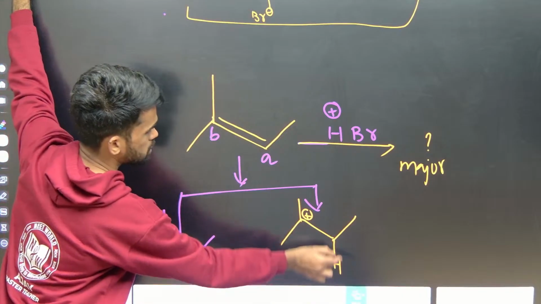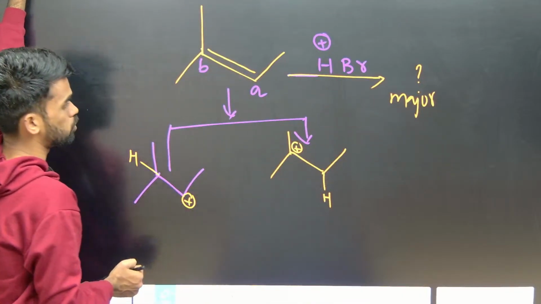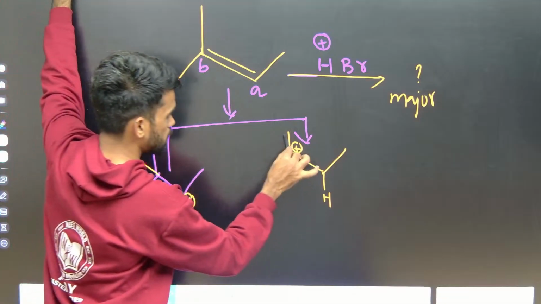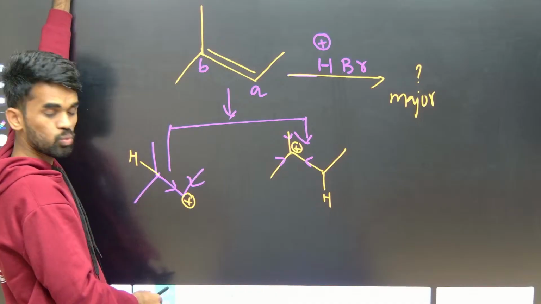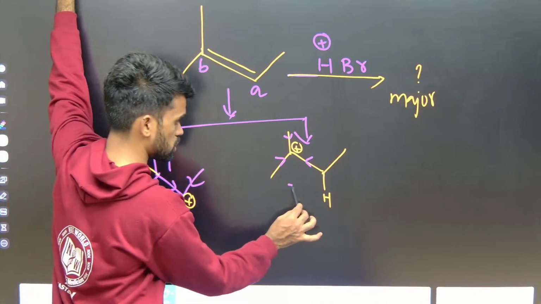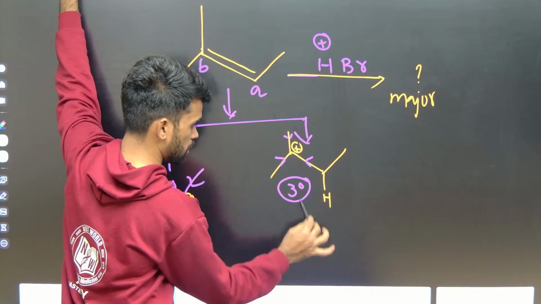Just identify which carbocation is more stable out of these two. It will be stabilized from 3 sides, this is only from 2 sides. Which carbocation is more stable? This is tertiary, so this will be more stable.